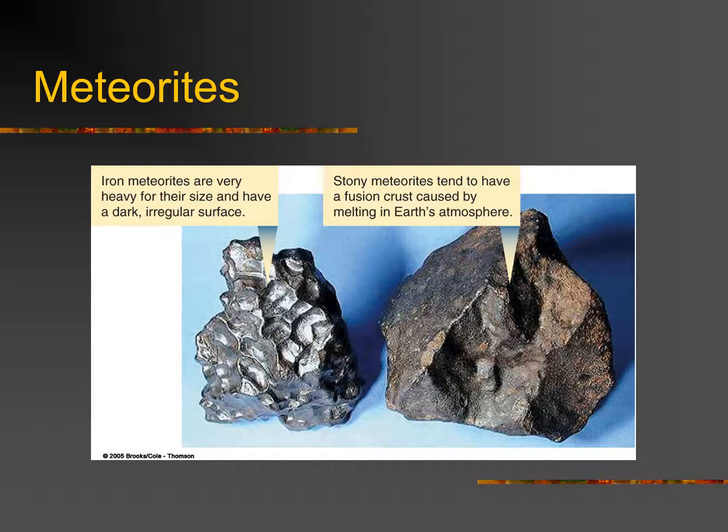But if you were to just look at that in the woods, you might say, oh, that's an interesting rock, and then you might just leave it there. But if I found that iron meteorite in the woods, I'd be taking that home. I'd be like, look at this, this is a meteorite. So you can see the difference in how they look and why we find more of the iron meteorites than the stony meteorites.